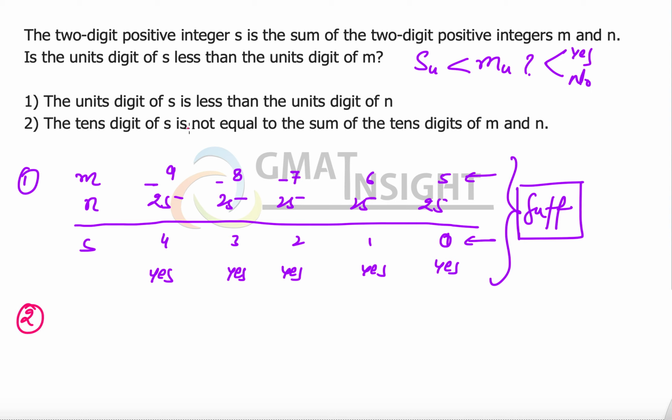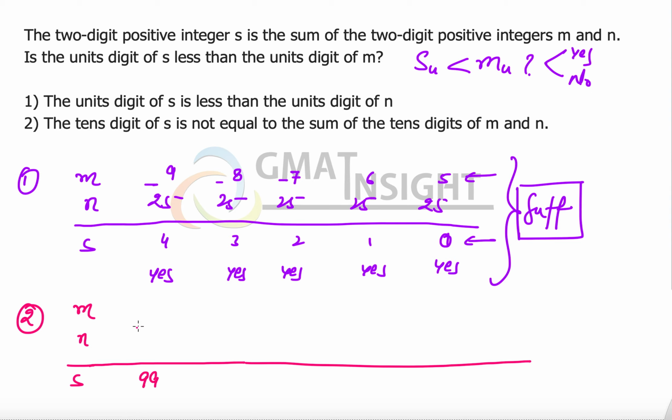The tens digit of s is not equal to the sum of the tens digit of m and n. Now let's quickly see what happens. So we have m here, we have n here, and the sum of them is also a 2-digit number s. Now s cannot exceed 99 because it's a 2-digit number. Let's assume that we want to keep this number as 99, right?